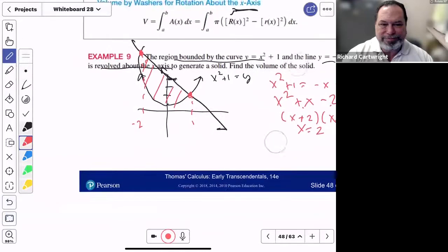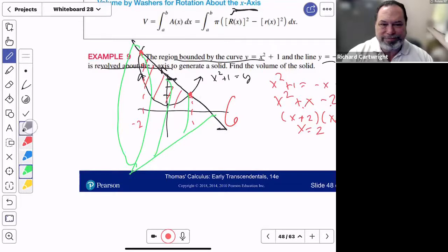All right, now that region is being spun around the x-axis. So if I just duplicate the linear part, all you're seeing is this. Right? Just a cone. But deep down inside, how many licks does it take to get to the center of the Tootsie Pop? To get to the center, this hole is being reflected.